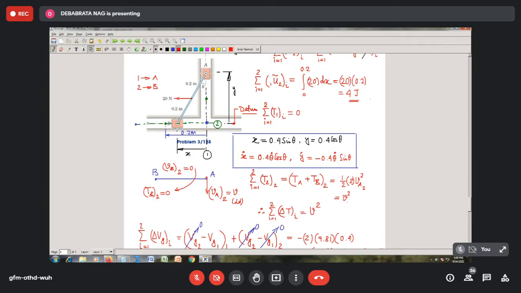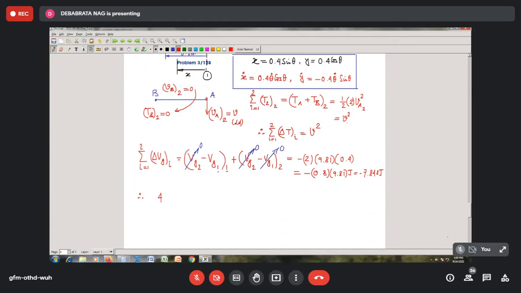So we say that 4 is equal to V square minus 7.848. Or in other words, V square is equal to 4 plus 7.848. That gives me the velocity with which the block A is coming and hitting.